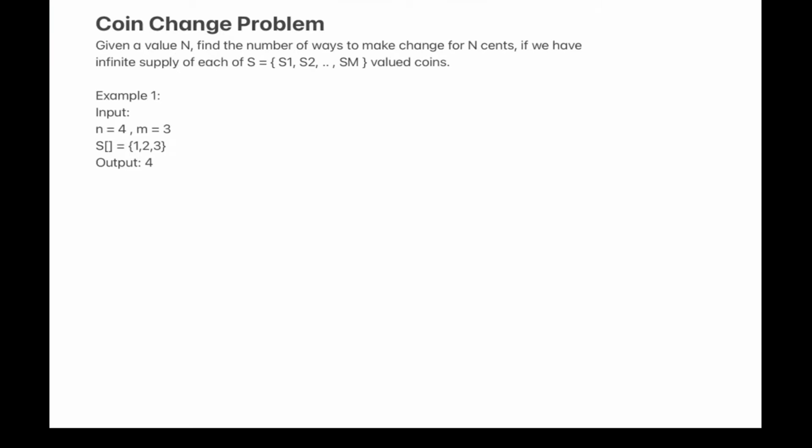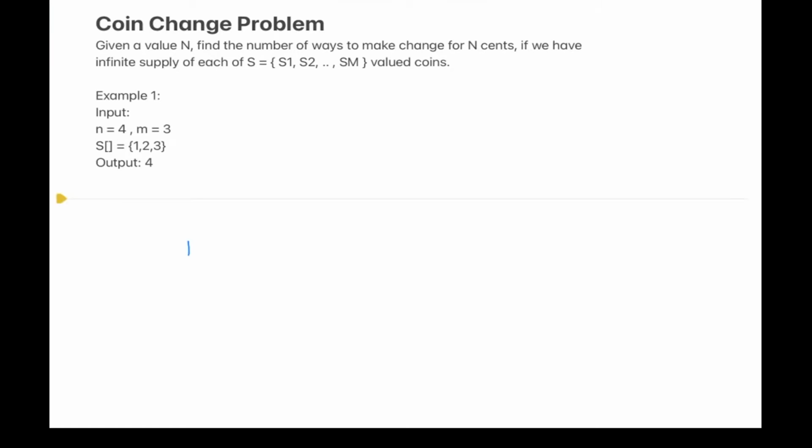So it is saying nothing but we have certain currencies like we have in the real world, 1 rupee coin, 2 rupee coin, 5 rupee coin, and we need to form a sum equal to n using those coins, and we have infinite supply of those coins, and we need to tell the unique different possible combinations to form that n valued amount.